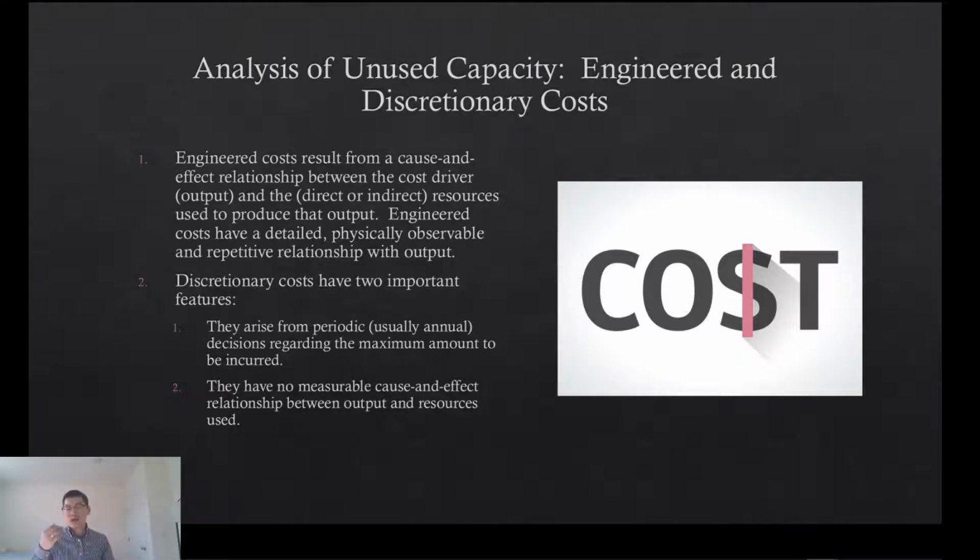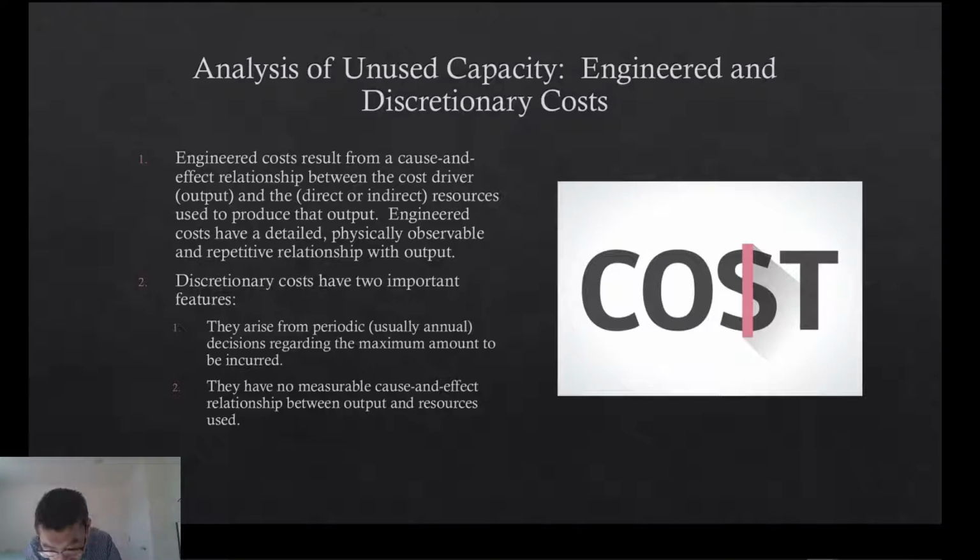So to speak, it's kind of like direct and indirect cost, but it still has a causal relationship with the product or cost object. By producing more products, you're going to incur more costs, and those costs are engineered costs. The more products you have, the more costs you have.